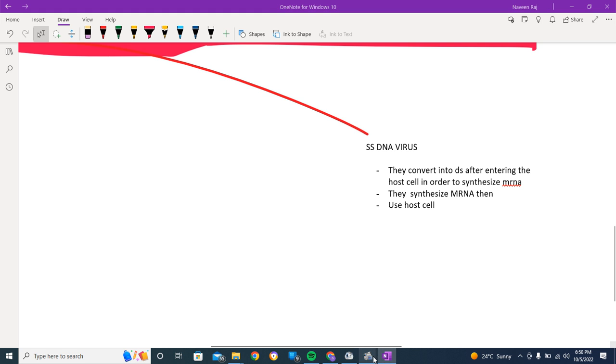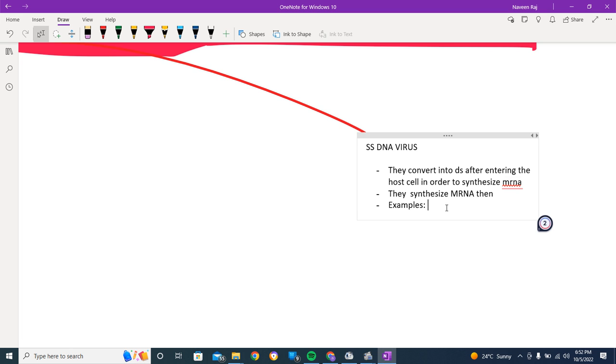Okay, so we need to consider this point, because we have another point, the examples. First of all, they do convert into double stranded, and they have that ability.